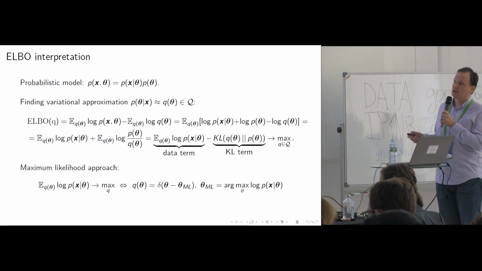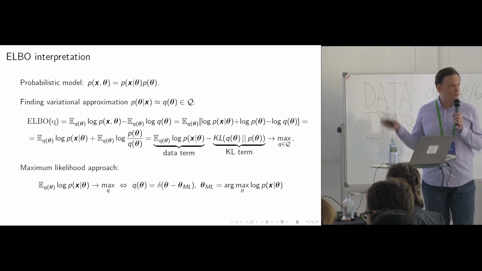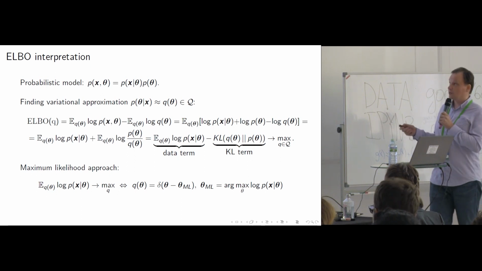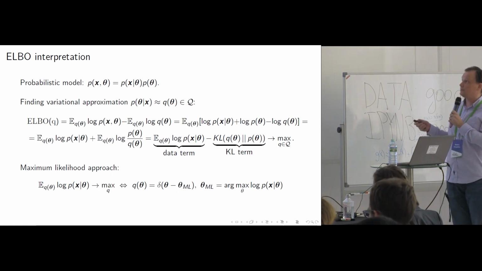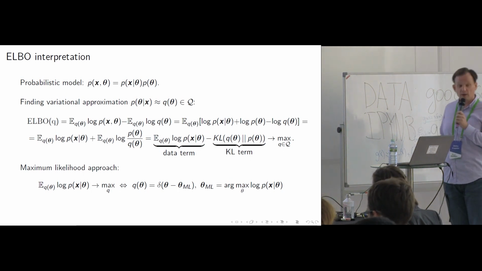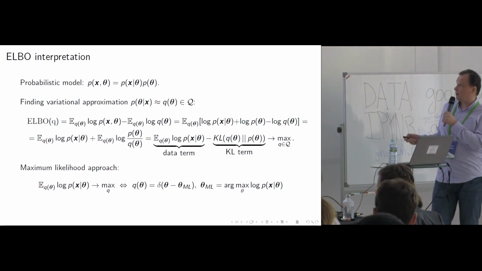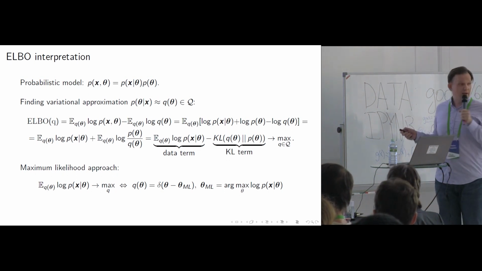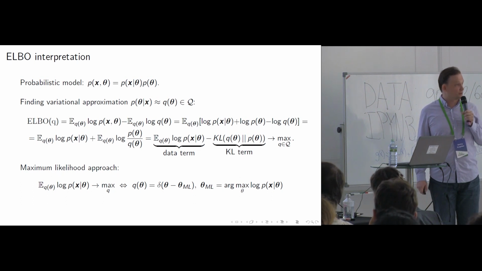So we can interpret our ELBO criterion function as a difference of these two terms. The first term we can call the data term because this is the only term where our data, X, are used. And this is the KL term, the difference between prior distribution and our approximation Q. Now let's throw away this second term and optimize only the first data term with respect to our approximation Q of theta.